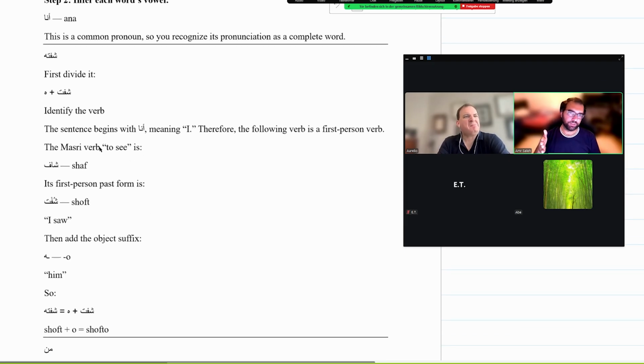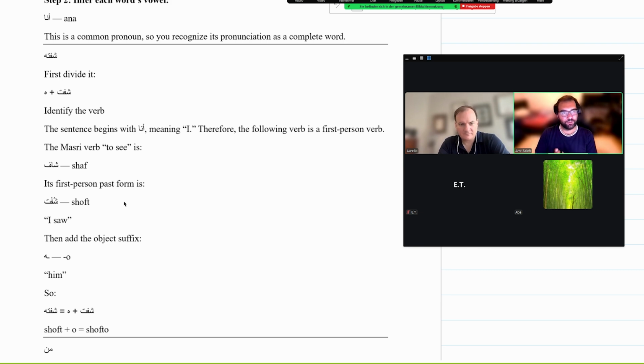So the Masri word for I saw is going to be shuft. The verb chef, he saw, in the present tense masculine is going to be shuft.